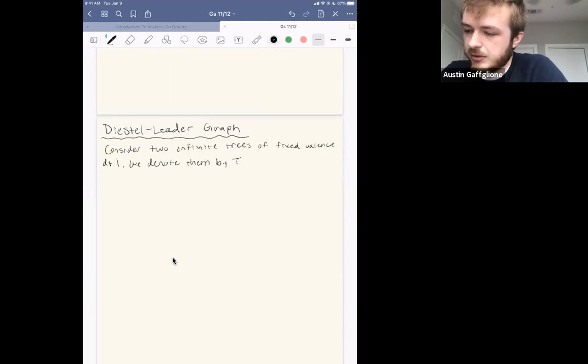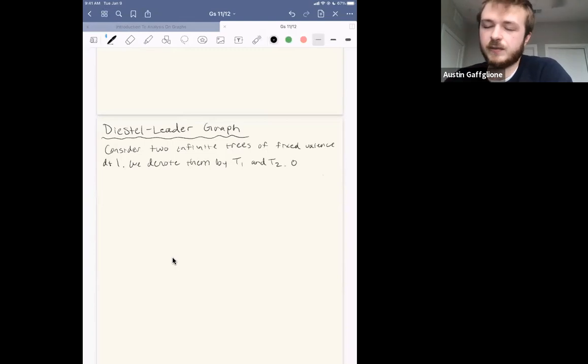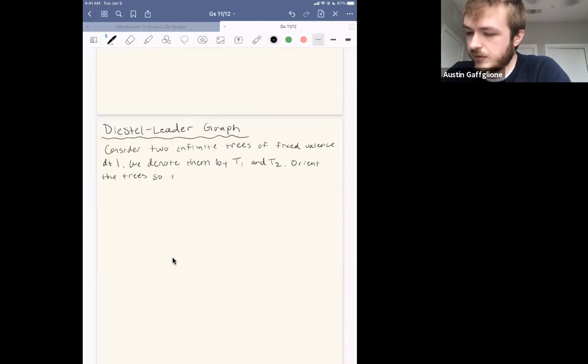Okay. So we orient the trees in a way that if one has a particular orientation, the other one is flipped upside down. I'll illustrate what I mean by this. So orient the trees so that each vertex has one incoming edge and D outgoing edges.